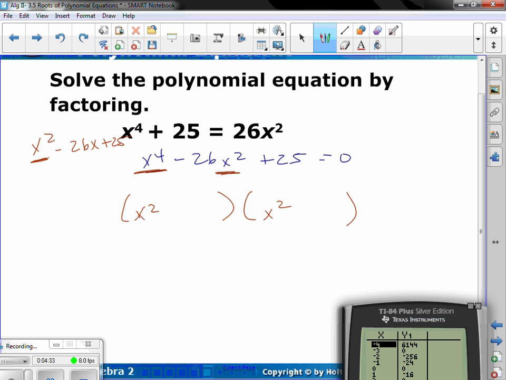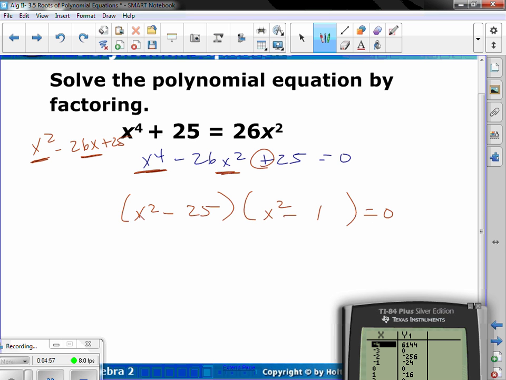You split this in half to get single x's. Here I have x to the 4th and I need x squareds. So x squared. What's this tell me? Same, and they both have to be negative. Two numbers that multiply to get me 25, but add to get me 26. 25 and 1. 25 times 1.